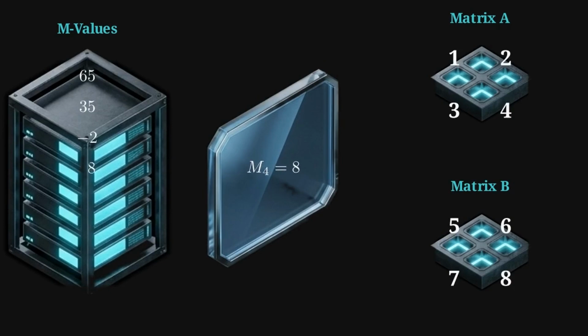M4 is 4 times the difference of 7 minus 5, which gives us 8. M5 requires the sum of 1 and 2, multiplied by 8. M5 is 24. We conclude the intermediate calculations with M6, solving to 2 times 11, which equals 22. And finally, M7, solving to -2 times 15, yielding -30.